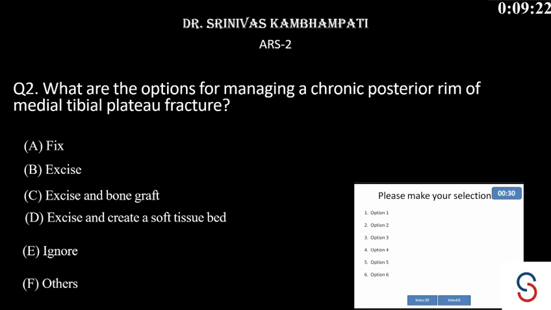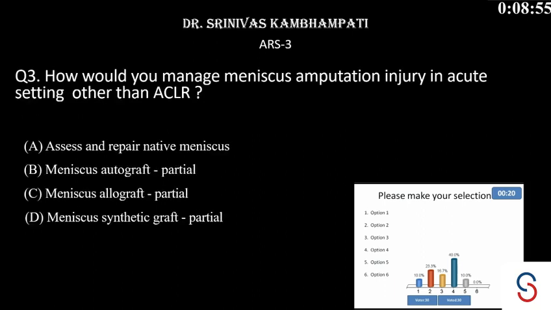After 2 years, you've seen the status of the tissues. Can we go for the next question, please? How do you manage a meniscal amputation injury in an acute setting?